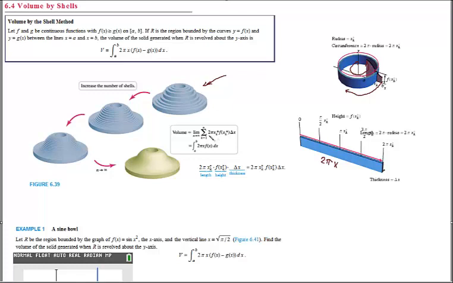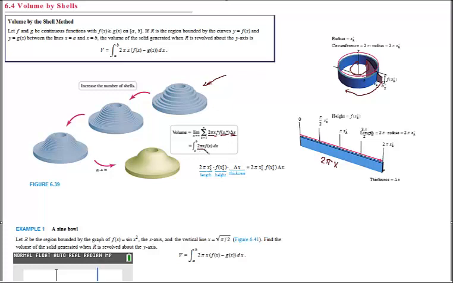So if you'll notice what we're doing, we're taking these shells: there's 2 pi r, that circumference or the length of that shell all the way around, times the height, times however many shells there are. We are going to try to create an infinite number of shells, so we're going to have the thickness of those shells, this is the thickness of that shell, go to infinity.